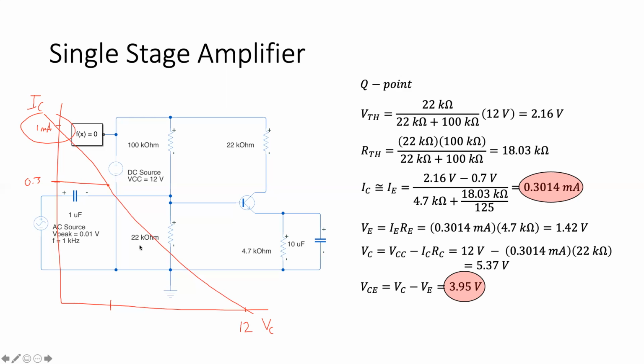So anong magiging effect niyan ngayon? Remember this is 3.95. Ang ginagawa natin dito, kung naalala niyo, is we're inputting a signal which is very, very small, 10 millivolts. Exaggerated to, hindi yan 10 millivolts, so hindi ganyan ang width ng 10 millivolts.